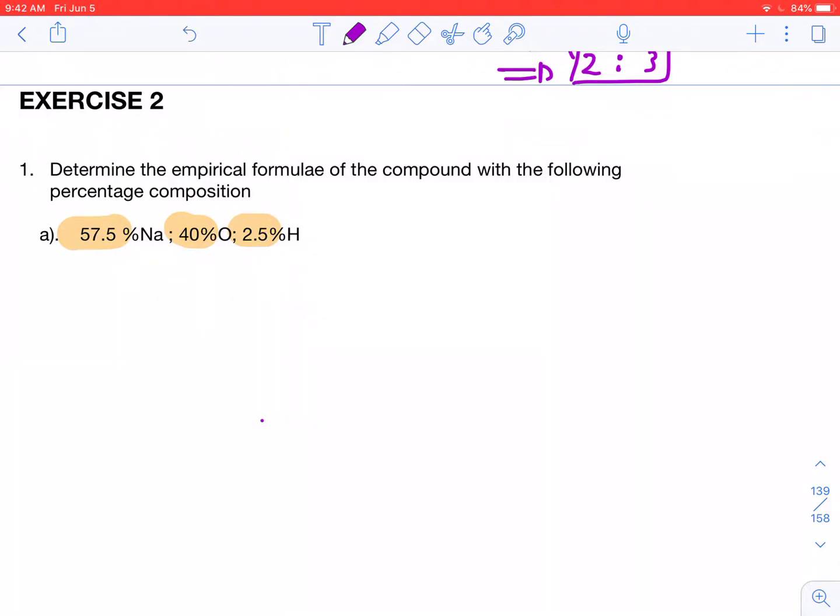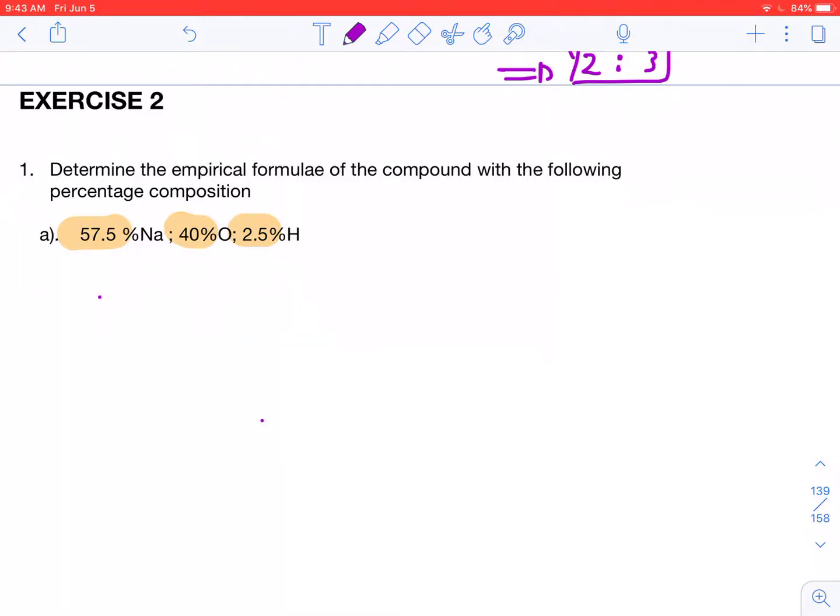But let's do it. So N of Na is equal to, we have 57.5 grams. Here I'm not saying assume, but let's just do that.